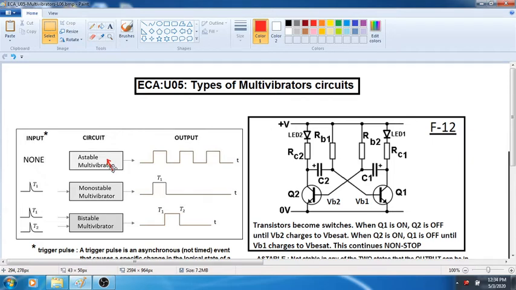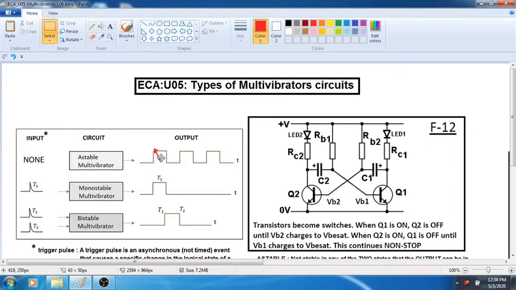We call a circuit as an astable multivibrator when the output is able to move from low level to high level, low state to high state, that means one state to the other state, but it cannot remain there forever. It cannot remain either in the high state or in the low state.